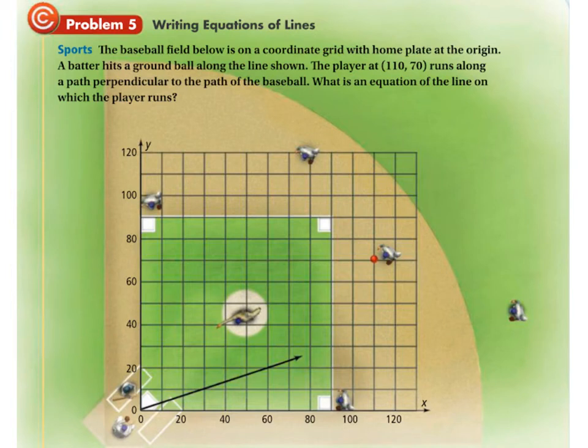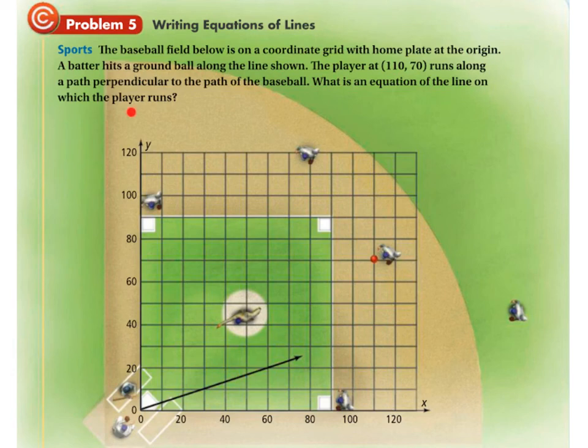Now this one's kind of cool because it's a word problem, a visual problem for all of this. Okay, you're on the baseball field, and the field below has a coordinate grid overlaid on it. Home plate is here at the origin, 0, 0. And if a batter hits a ground ball along the line shown here, and there's a player here at 110, 70, and that player runs along a path perpendicular to this path, essentially running as directly towards it as possible.